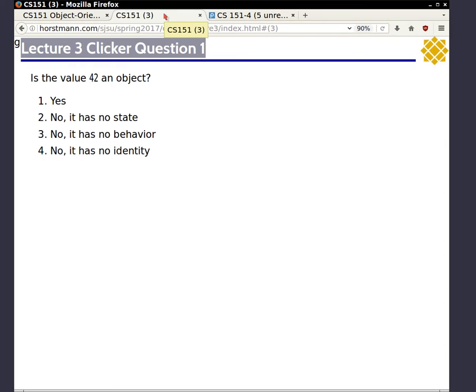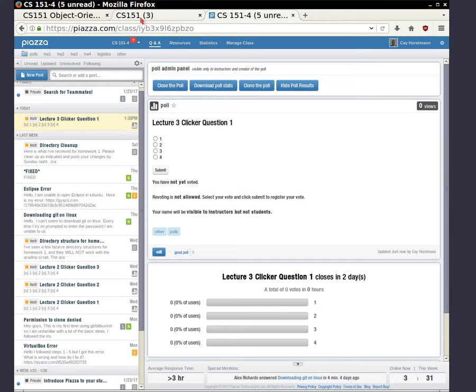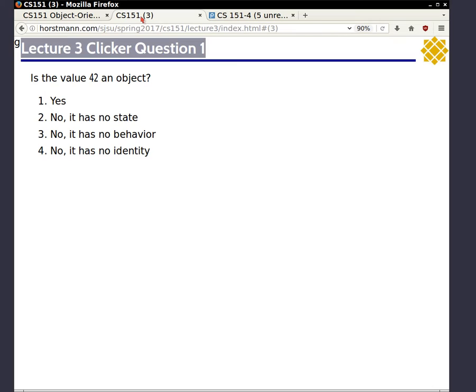Feel free to chat with your neighbor. I heard someone already starting that, and that's perfectly good with me. So go ahead and answer this clicker question 1, and I will just check it on my phone again like last time.